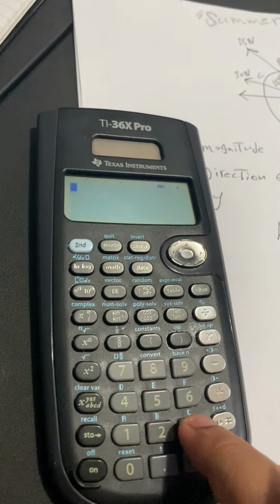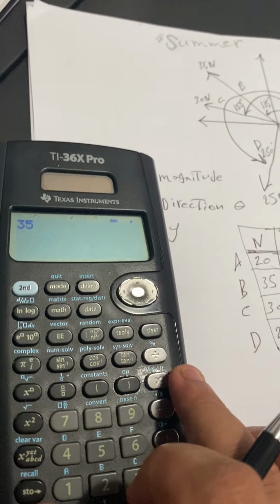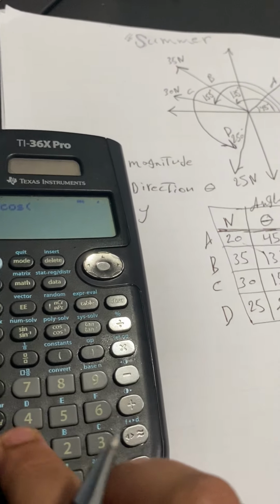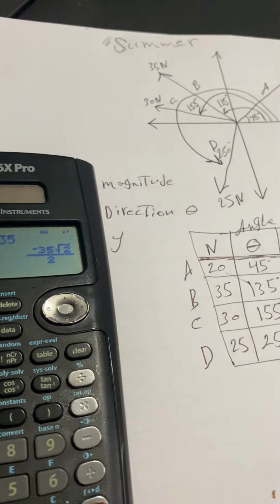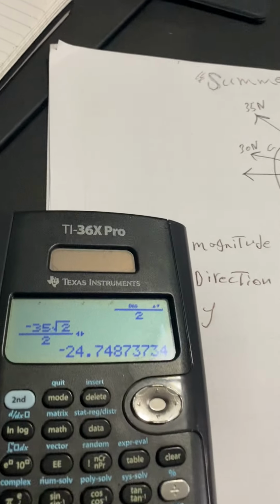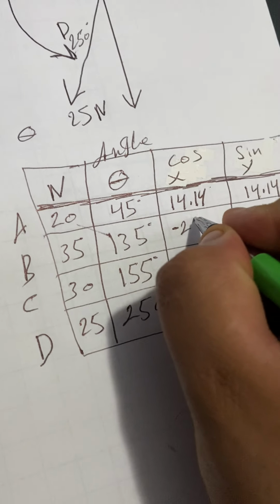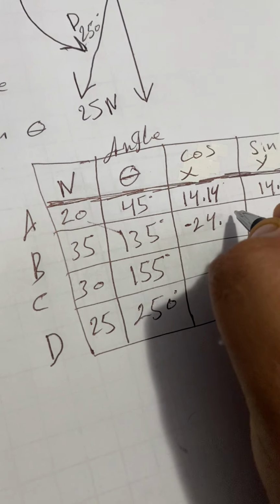And then the other one, 35 Newton. We're doing 35 Newton cosine 135, which is going to be negative. It gives me negative 24.78.